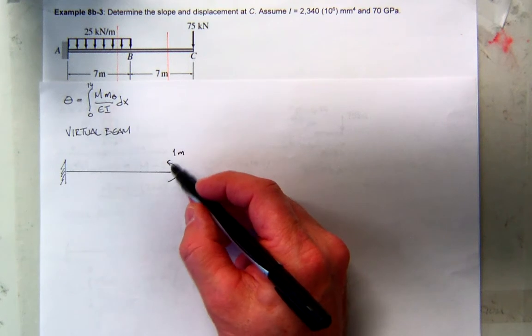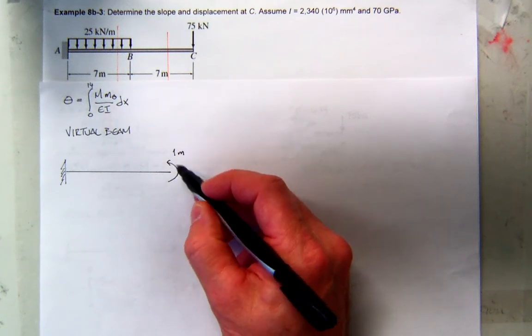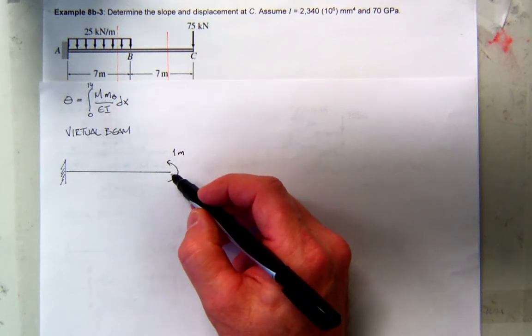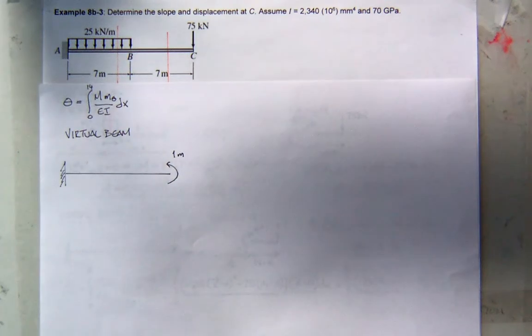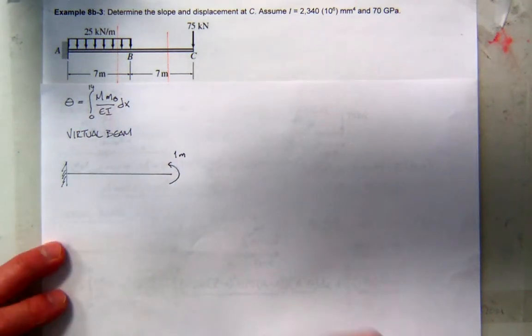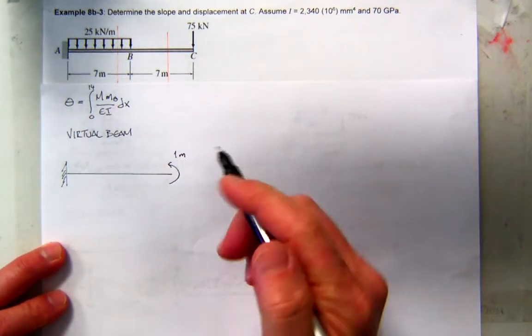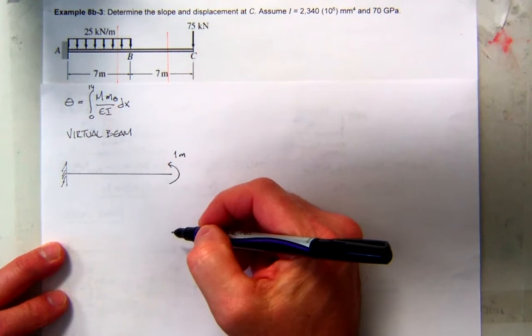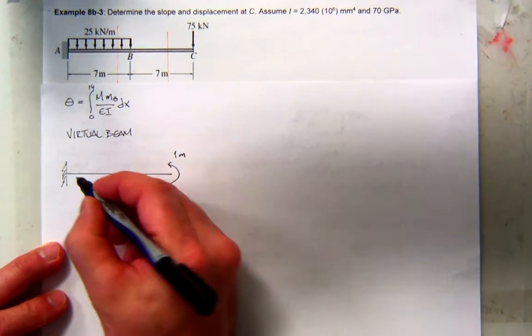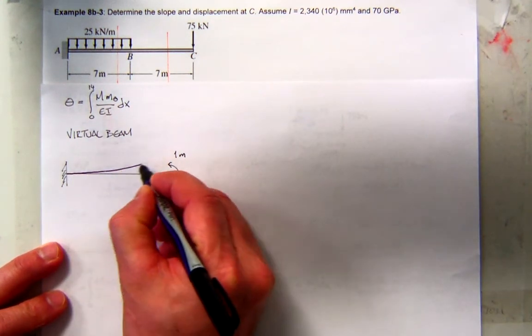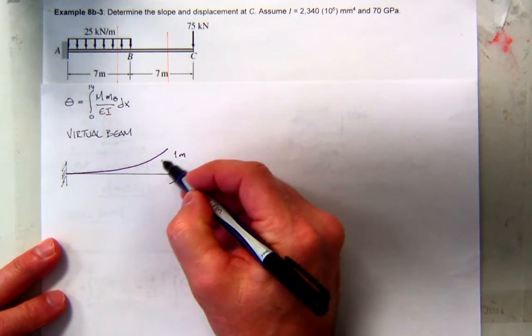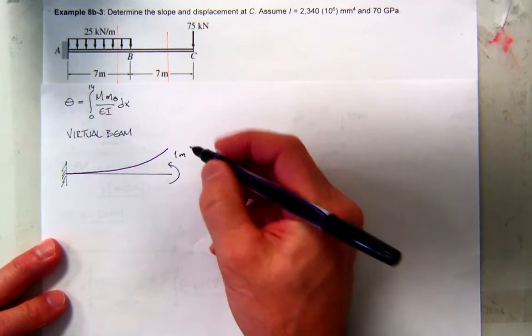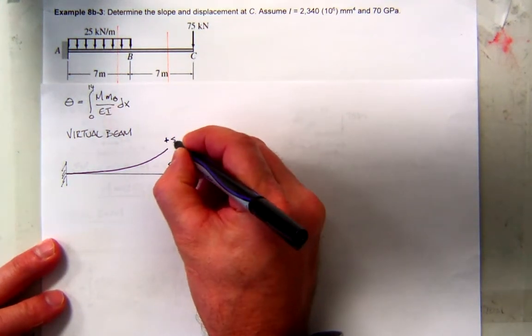Now, the reason I like to do this one positive is because how's it going to make that beam displace if you curl it like that? Is this point going to move up or down? Up. So the displacement will probably look like that. What kind of slope is that? That's a positive slope.